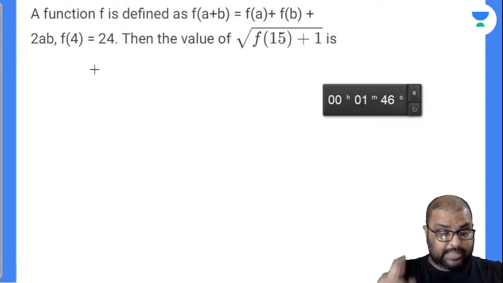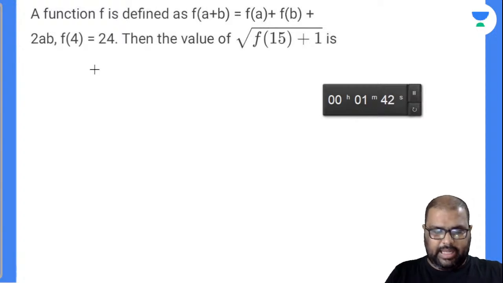Next, as I said, for functions you have to frame the general equation, otherwise nobody can help you solve this. So can I write it down?